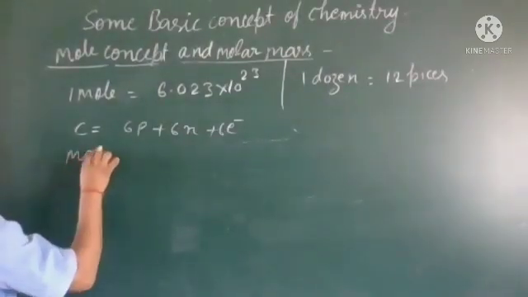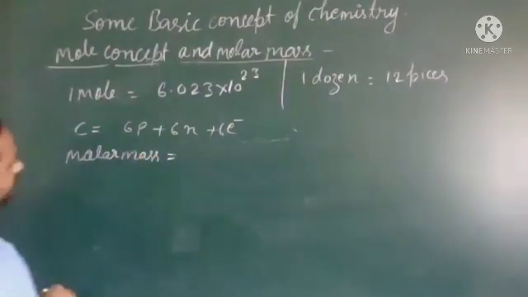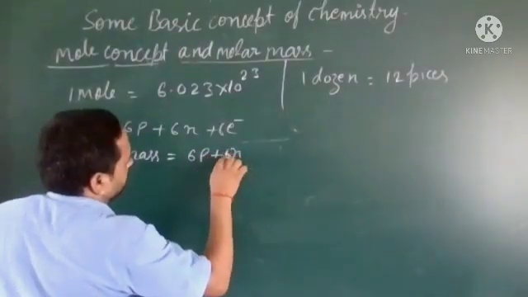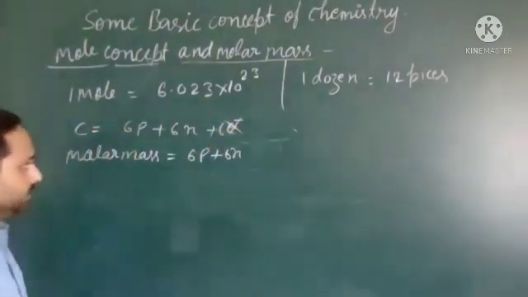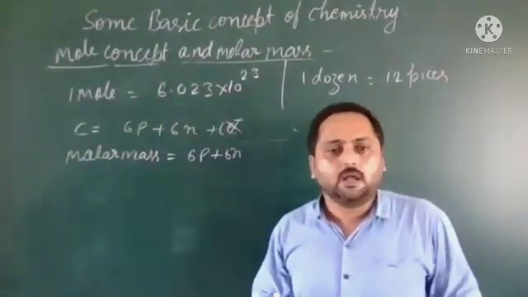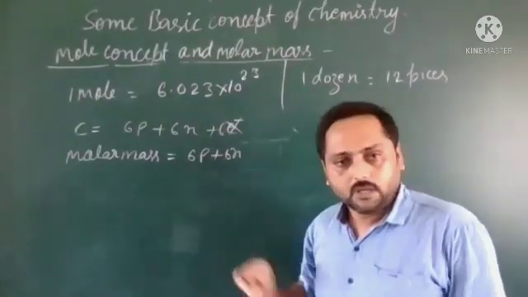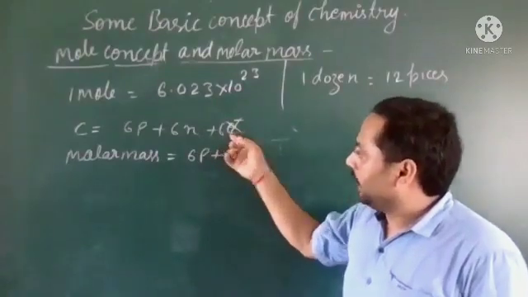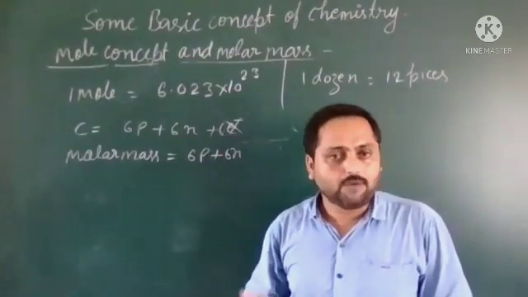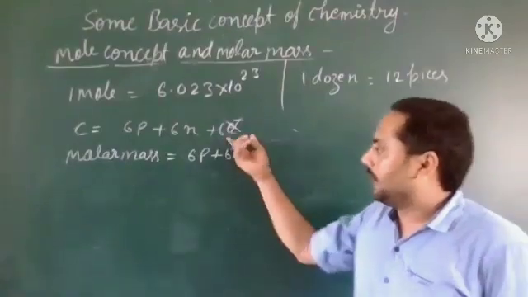For molar mass, we add protons plus neutrons. We don't add the value of electrons because the electron is so small it is negligible. We don't add the value of electrons while calculating the mass of one carbon atom.